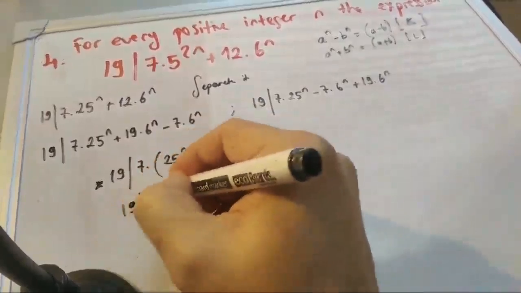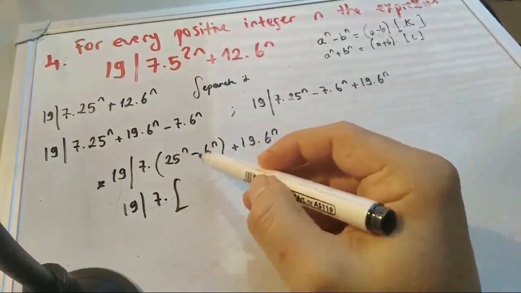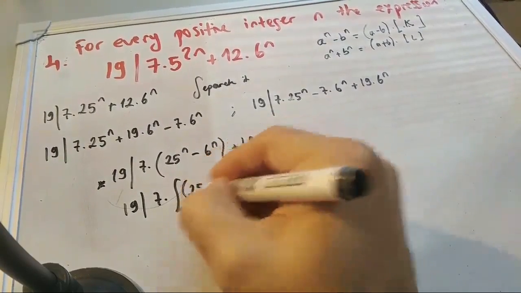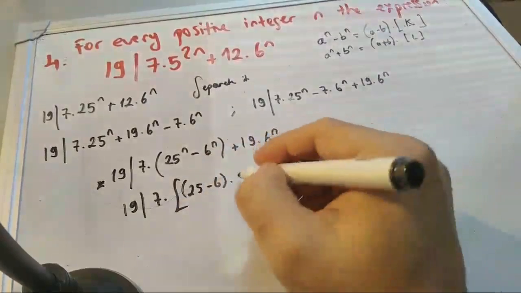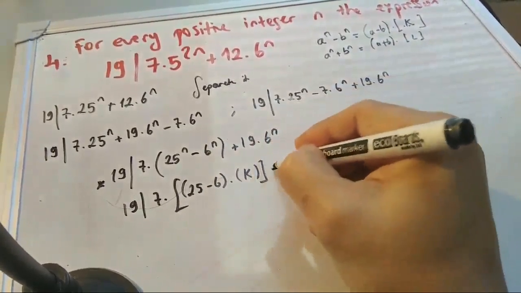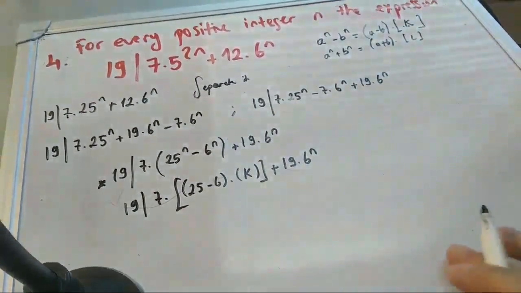So 19 divides 7 times 25 to the power of n minus 6 to the power of n, which is 25 minus 6 times, let's say, k, and plus 19 times 6 to the power of n.